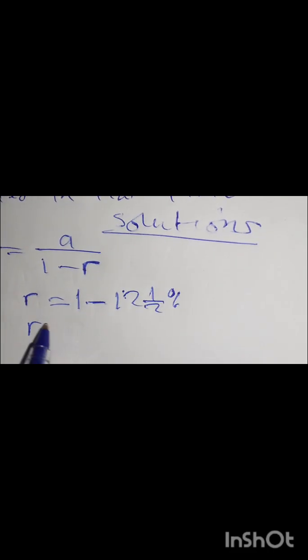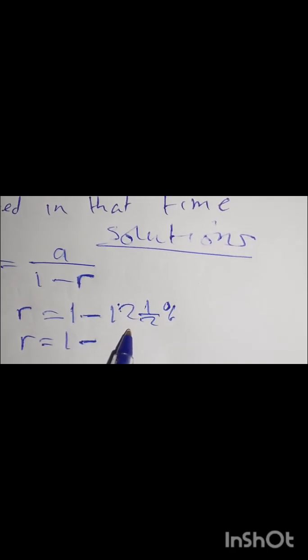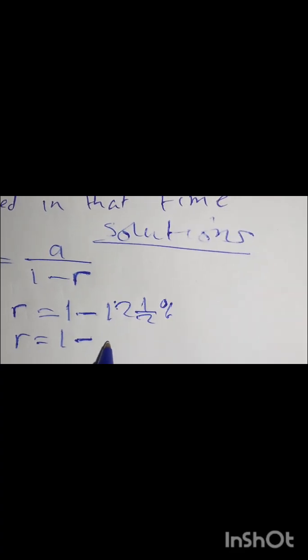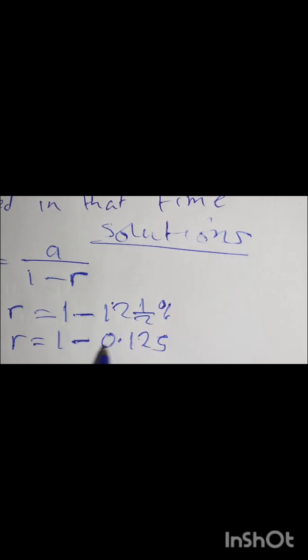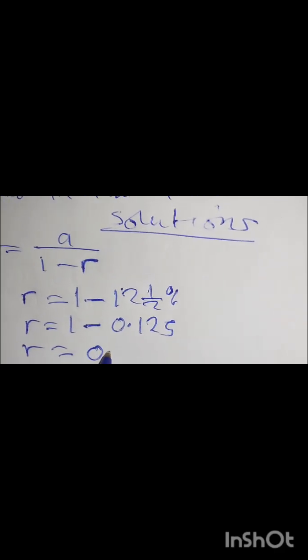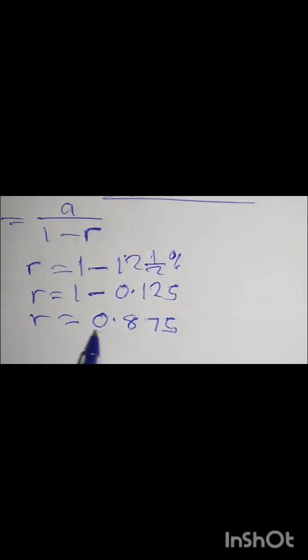A percentage is divided by 100, so you're going to have 0.125. So 1 minus 0.125, our r is equal to 0.875. This is our value of r.